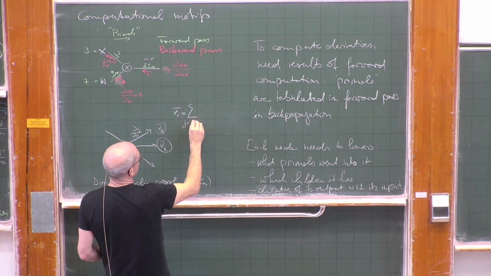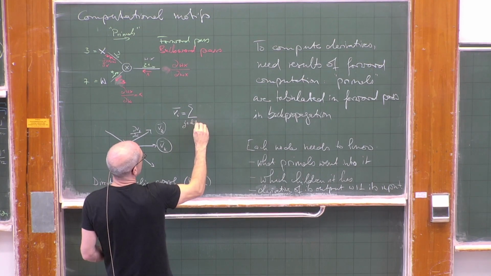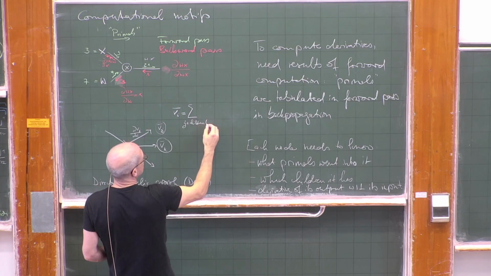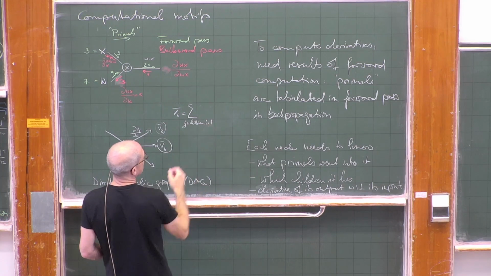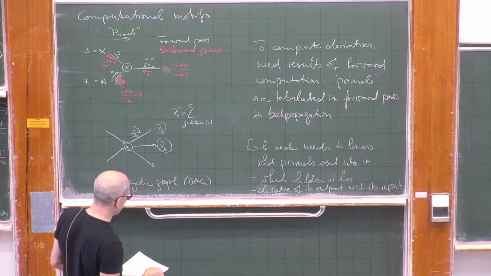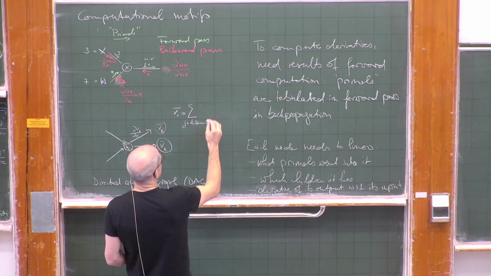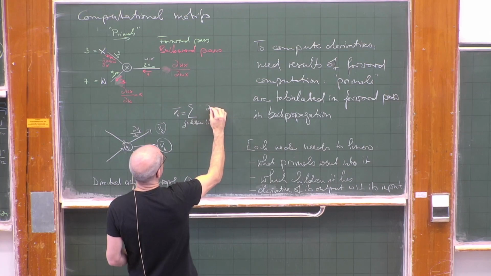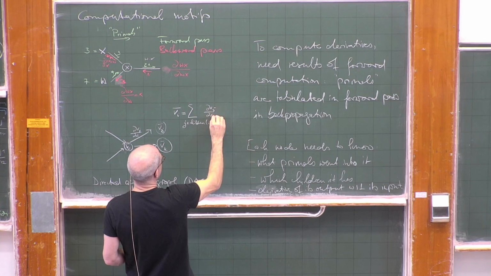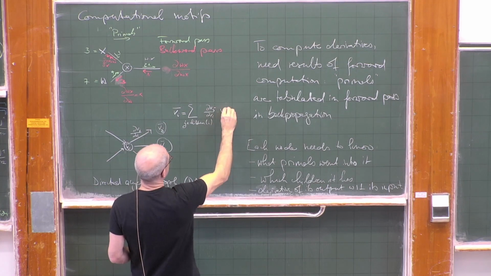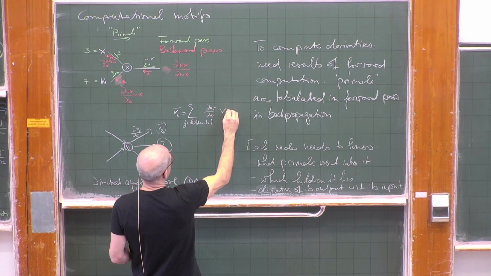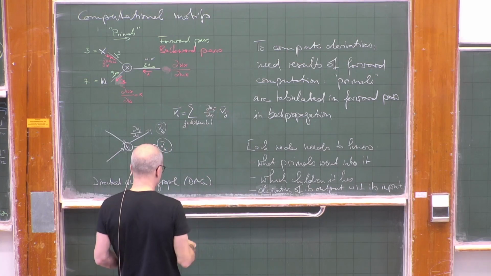So j are now all children of node i in the directed acyclic graph. And then we have dv_j by dv_i times the gradient that we had found at those children.